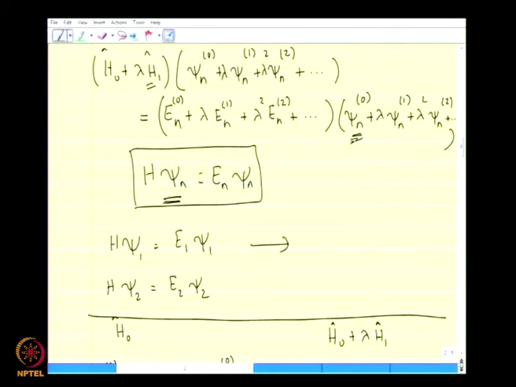We have written the wave function psi n1, which is the correction to this term, as a linear combination of all wave functions including psi n0, but please remember psi n0 is already there in this expansion as the leading term.